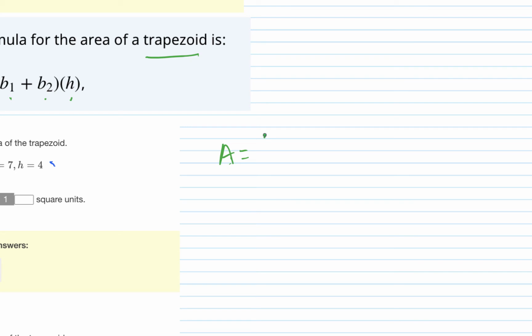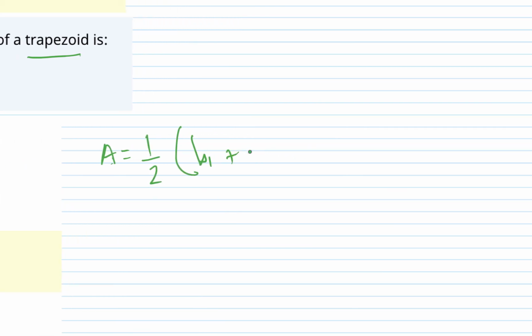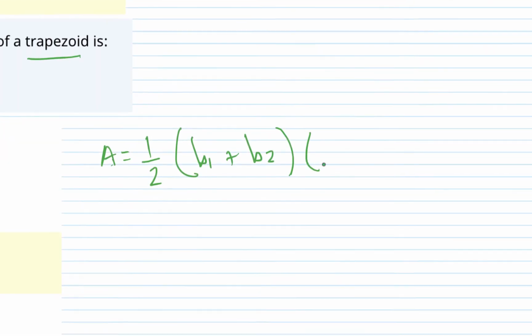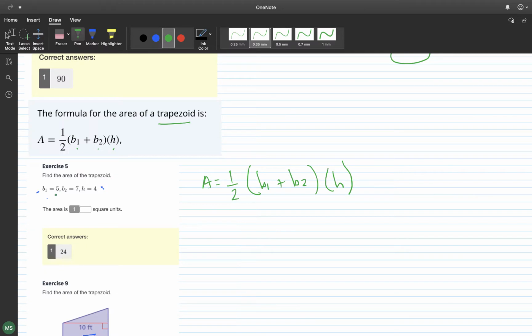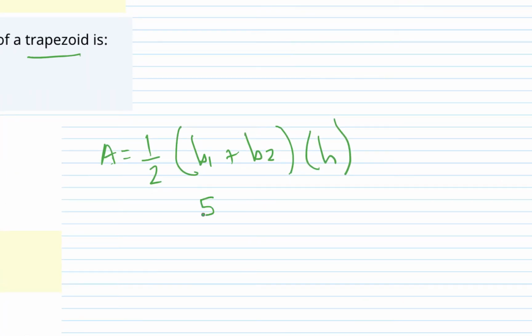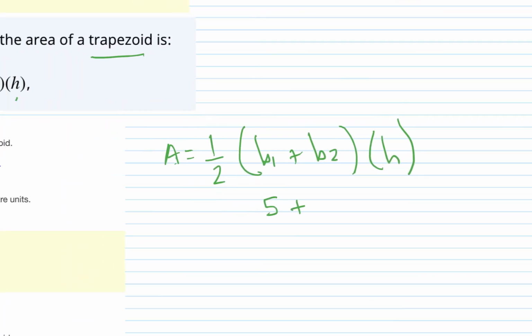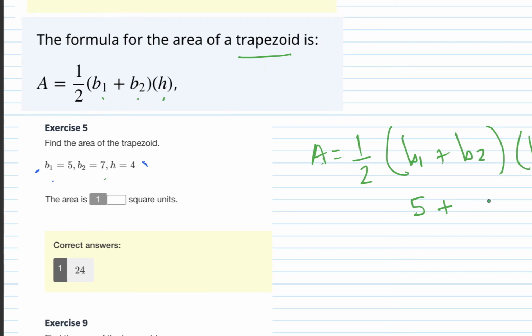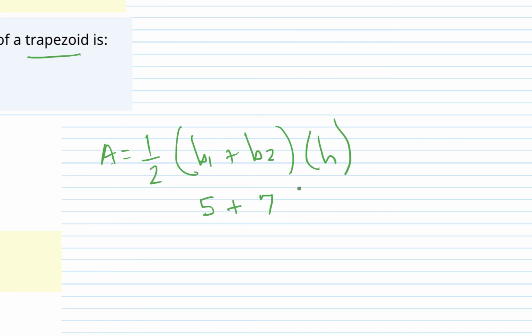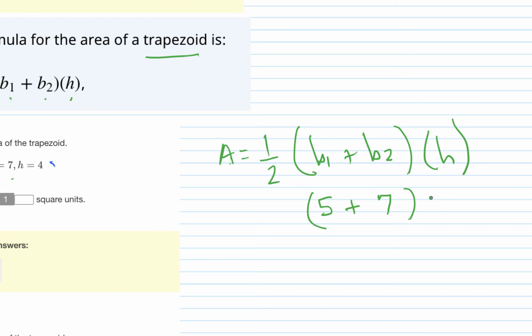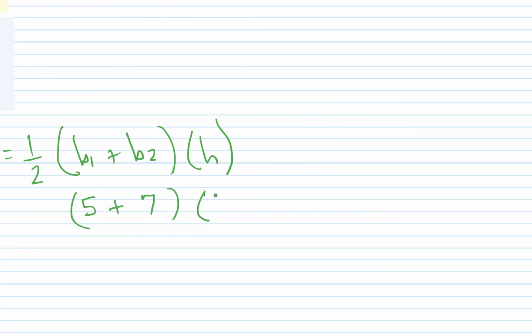So area equals 1/2 times base 1 plus base 2 times height. And we know our base 1 is 5. Okay, our base 2 is 7. And I'm just gonna put my parentheses in there to remind me to multiply.